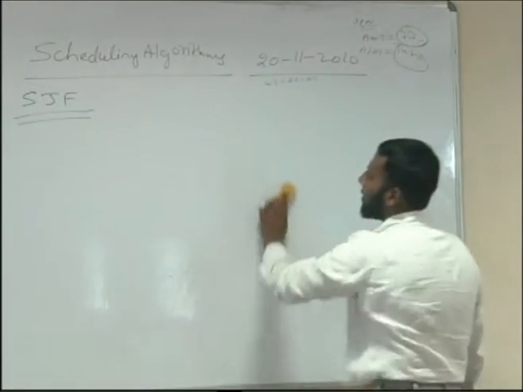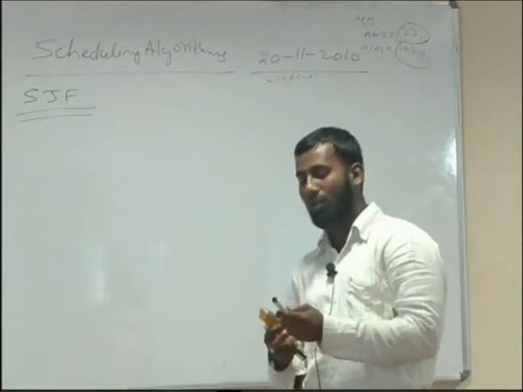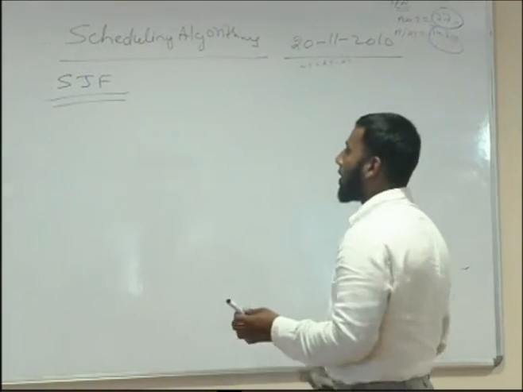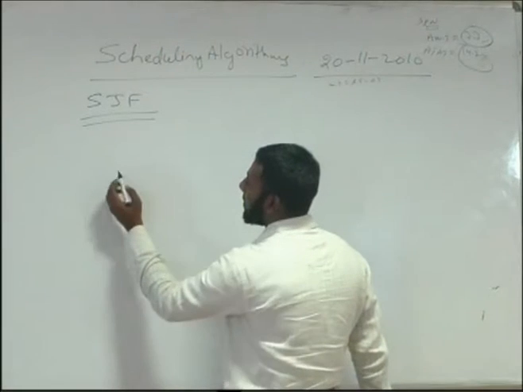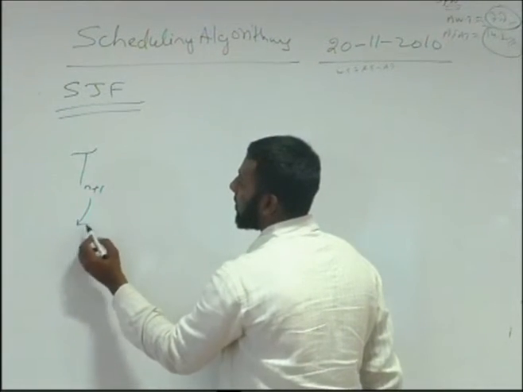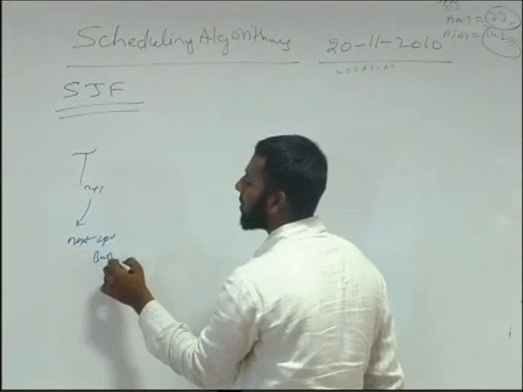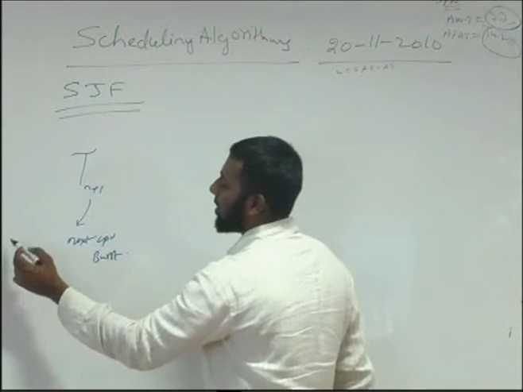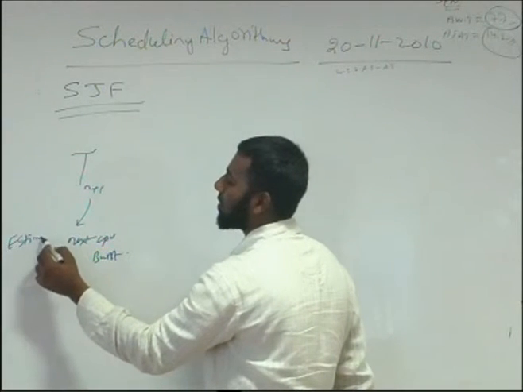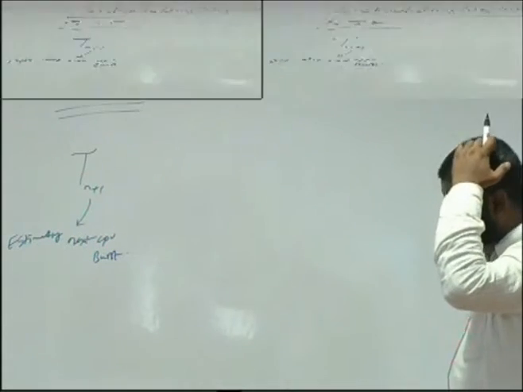Okay. Now, it can be done with the help of the exponential averaging technique. According to it, tau of n plus 1 is the next CPU burst, predicting or estimating. So, how do you estimate the next CPU burst?